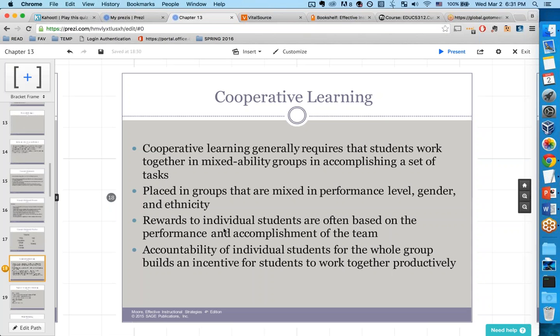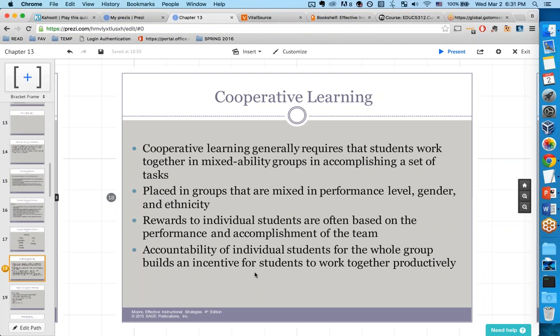So you need to make sure these groups will be mixed groups, and this could be based on their performance level, gender, and ethnicity. And then you may actually provide rewards to individual students based on their performance and if they accomplish the teamwork.